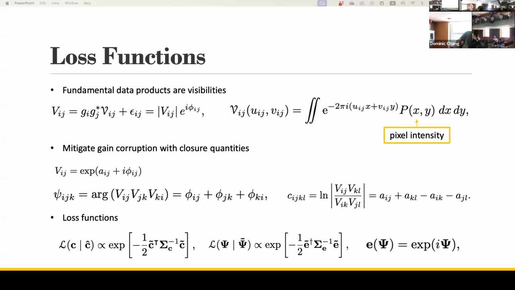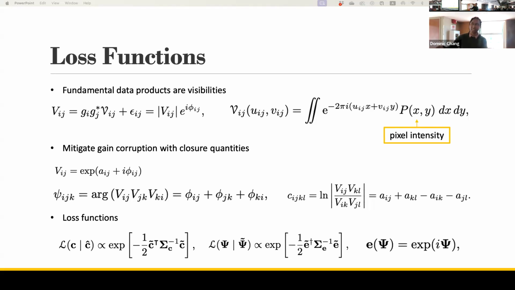Sorry, if everything was perfect, then we introduced Gaussian noise, and you wouldn't have to introduce Gaussian noise. So then the loss function would be 0. No, actually this would not be 0. It's more that the phase error here would be 0 if everything was perfect.